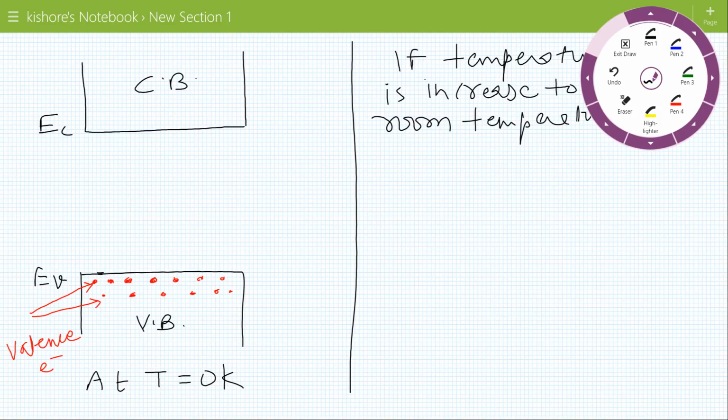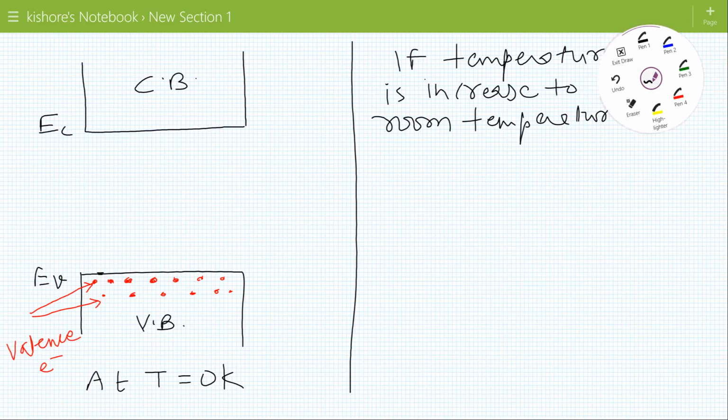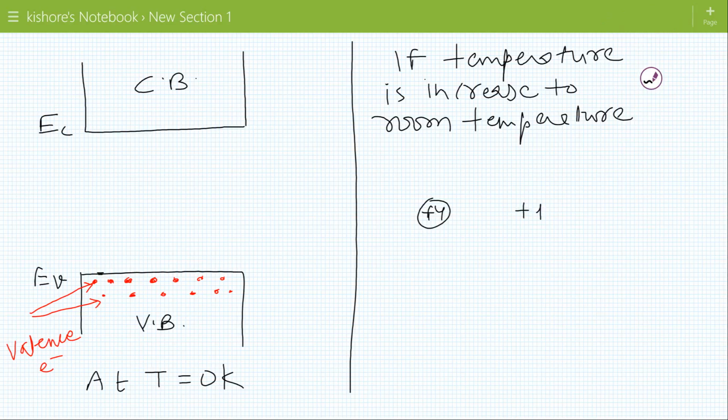Due to thermal energy, electrons will break the covalent bonds.